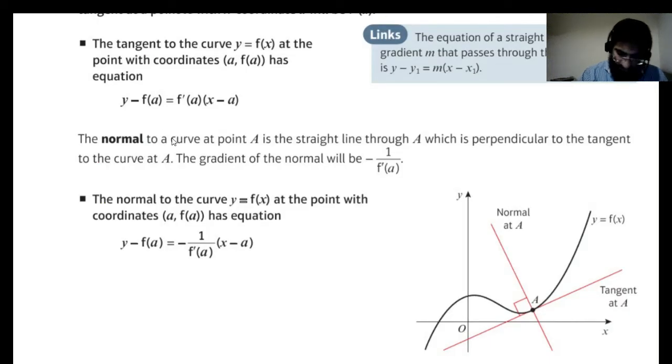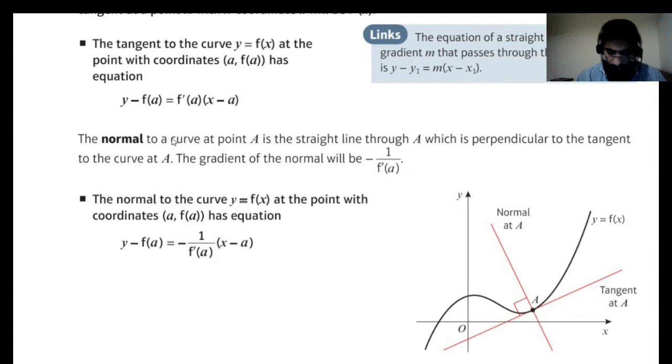Next exercise, the logic is simple. If you have got a line, the gradient of the line, we know it's the first derivative, right? So if the tangent is f dash x, then the tangent has the gradient of f dash x, the same as the gradient of the slope of the curve at that point.